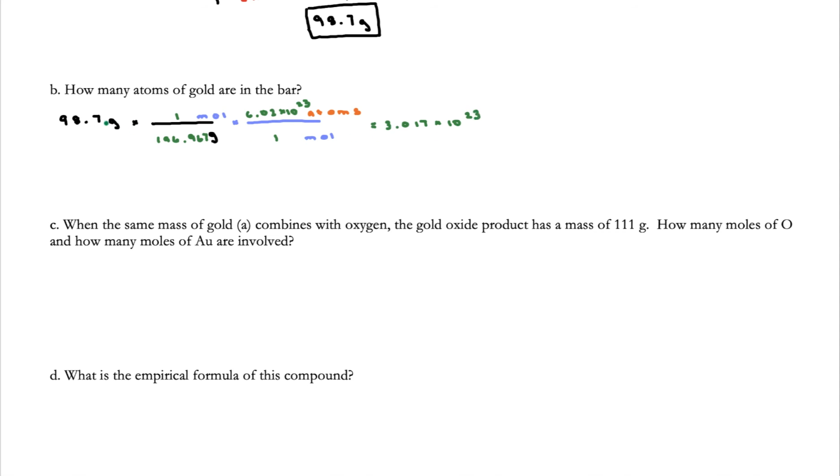I have 98.7, which is 3 significant figures, so this should have 3 sig figs. The 7 is going to round the 1 up, so I have 3.02 times 10 to the 23rd, and your units here, keep in mind, are going to be atoms because that's what you were solving for. All right, so that is your answer.